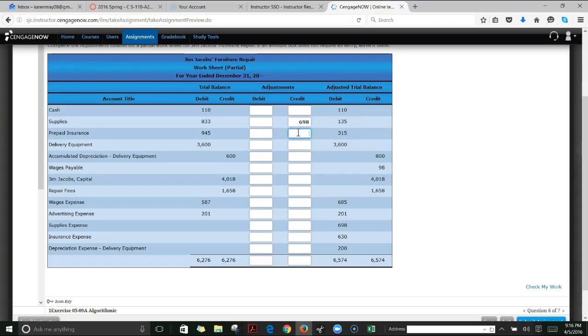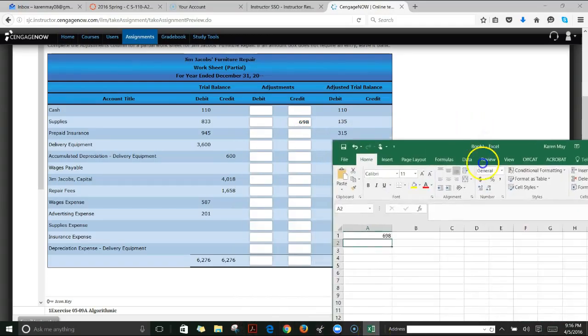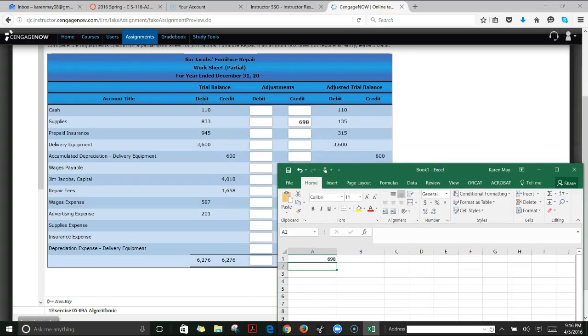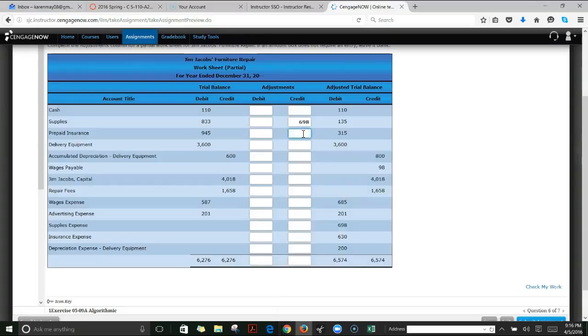Okay, we need to do the same thing on the next one. That one is 945 minus 315, 630. So we had prepaid insurance of 945 and now it's a debit balance of 315, so we subtract 630 out of there.